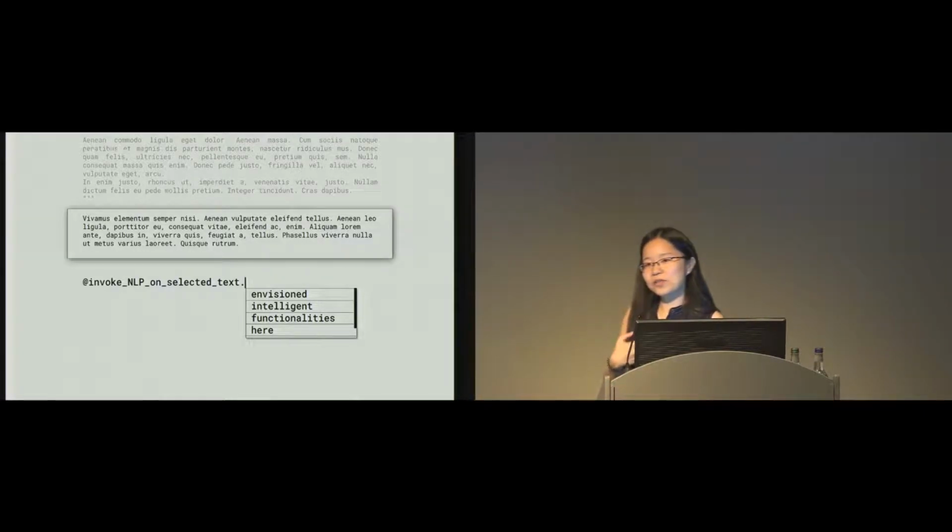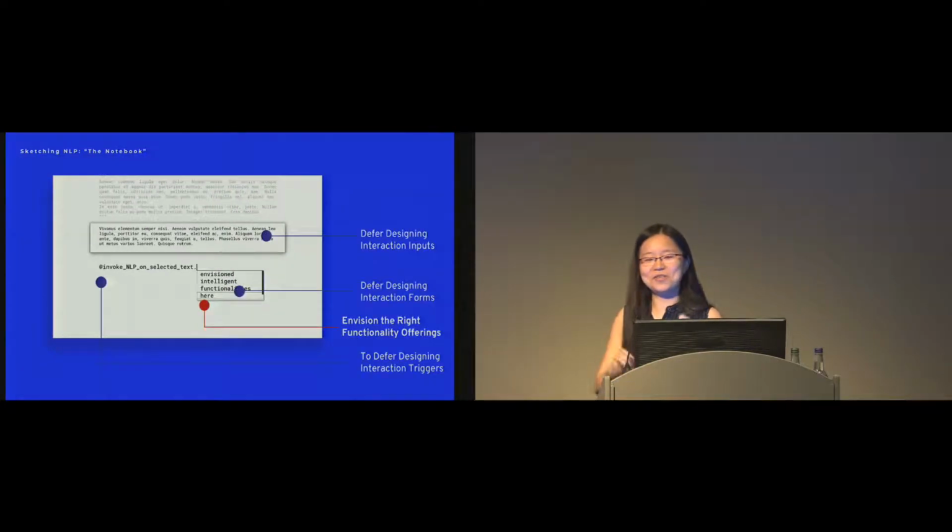And it is our design task to imagine what are the functionalities they would like to see when they try to type that. Of course, this does not mean that the users will eventually see an interface that looks like this. Rather, it is a way for us to conceptualize the design problem.